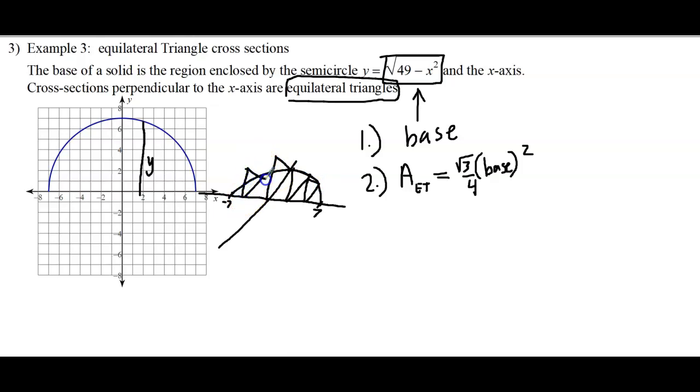We're just stacking a whole bunch of equilateral triangles on top, right? And that's going to create a new shape for us, okay?